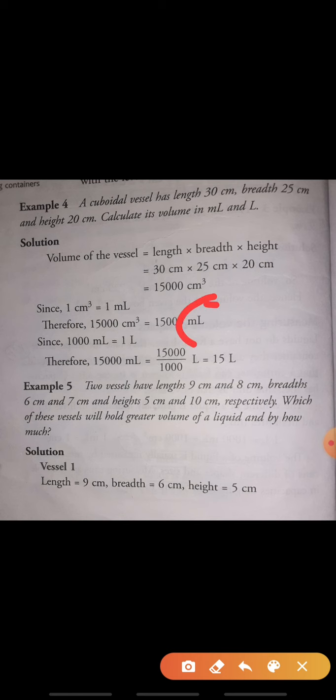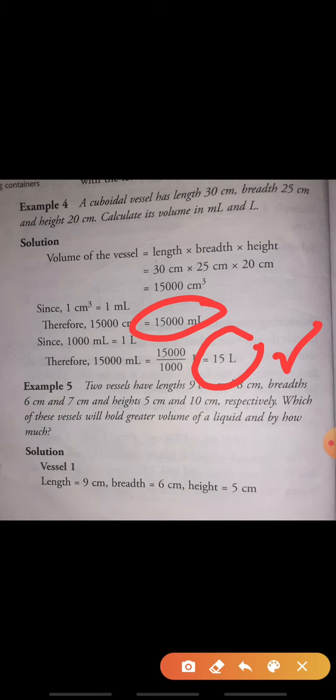Then since 1000 milliliter equals 1 liter, we'll divide 15,000 milliliter by 1000 to get liters. In liter it is this and in milliliter this.